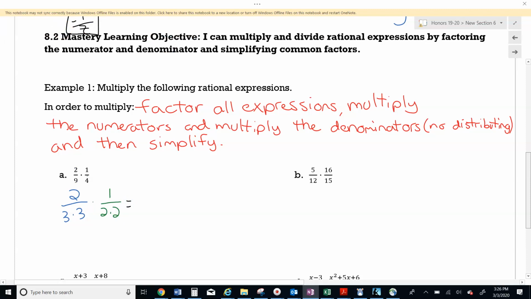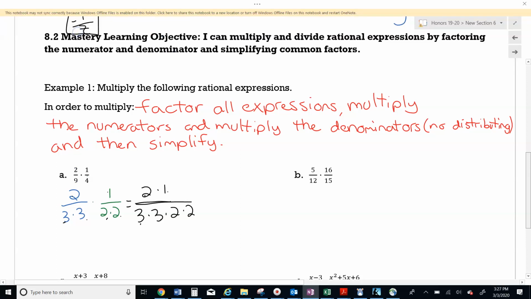So then I have 2 times 1 over 3 times 3 times 2 times 2. So basically what I did is I wrote it as one fraction, I multiplied my numerators, and I multiplied all the factors in my denominators. So you just go straight across here.